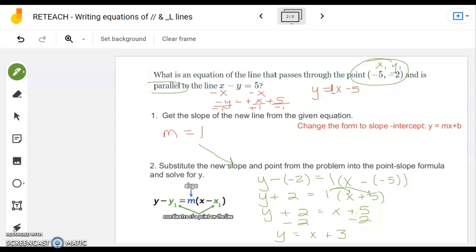Remember, we have a keyword here, parallel, and like we discussed on the previous slide, parallel lines have the same slope. So I used the same slope that I had in the equation, which was 1. This is our final answer: y equals x plus 3. That's my parallel line through this particular point.